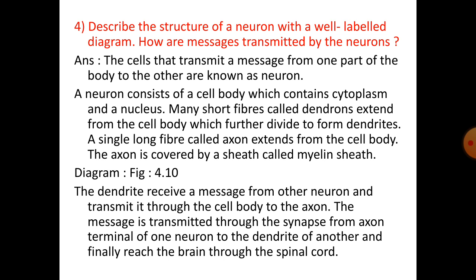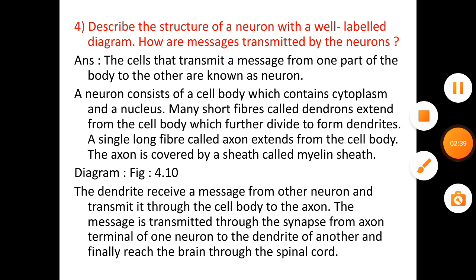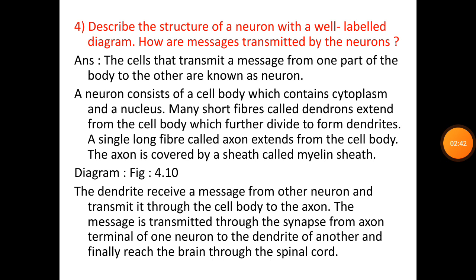Many short fibers called dendrons extend from the cell body which further divide to form dendrites. A single long fiber called axon extends from the cell body. The axon is covered by a sheet called myelin sheath. Diagram we will draw, figure 4.10.